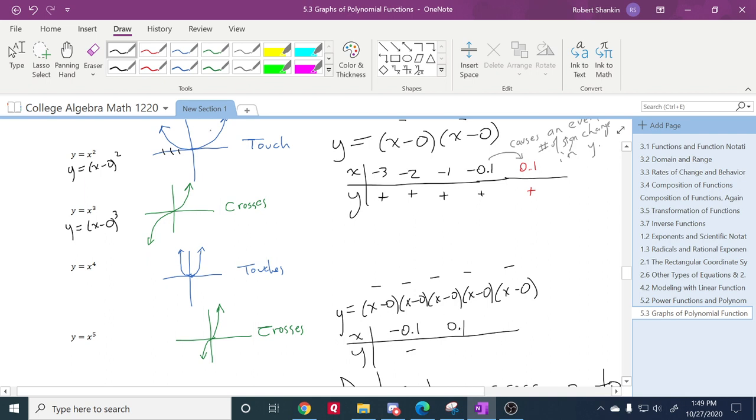I want to put this in red to 0.1. So we've jumped to the other side. Now when you plug in 0.1, it causes this to change sign, this to change sign. All of these will change sign.